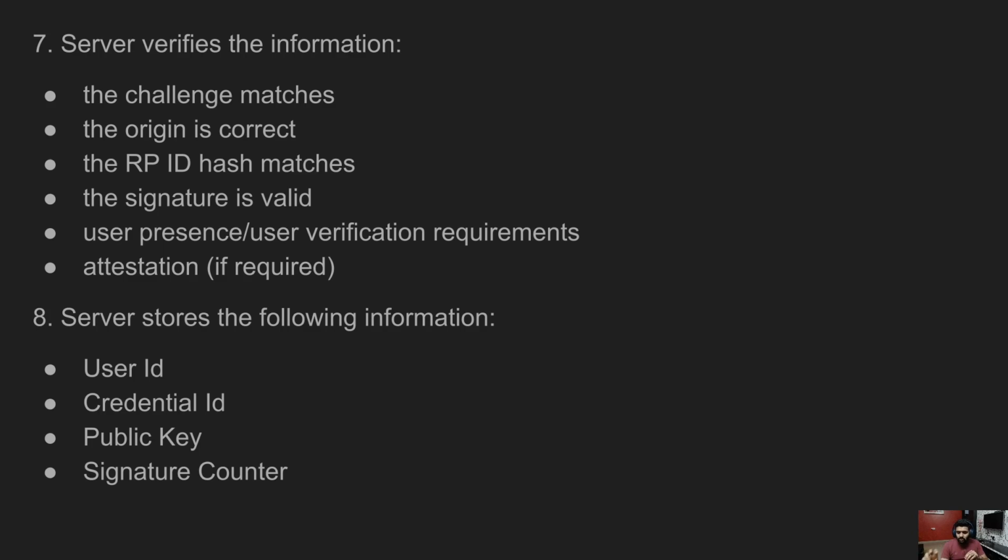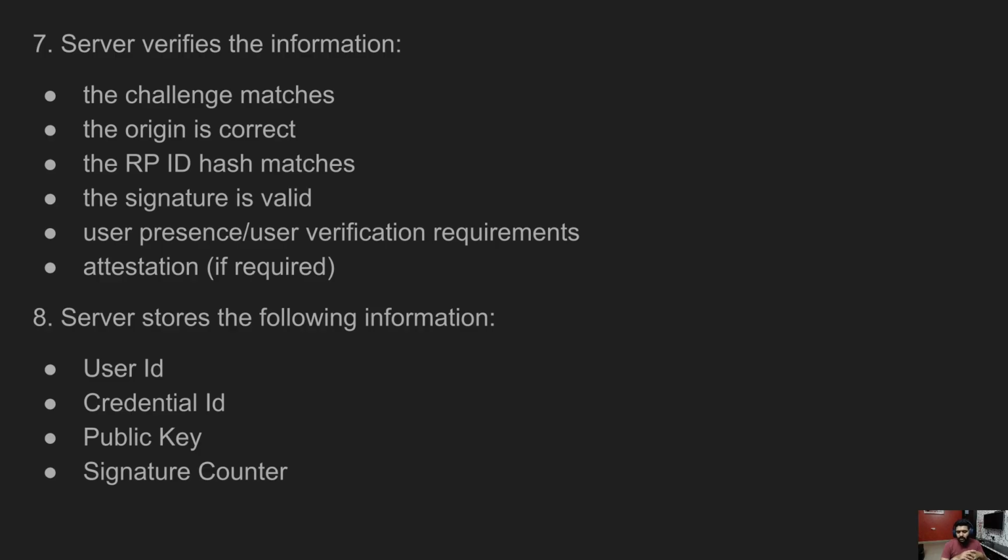Then the server will store this information: user ID, credential ID, public key, and signature counter. Signature counter is basically how many times that credential has been used to sign the challenge. Some authenticators may provide this, some may not. For example, most of the roaming authenticators provide, I guess, 0 for its value.